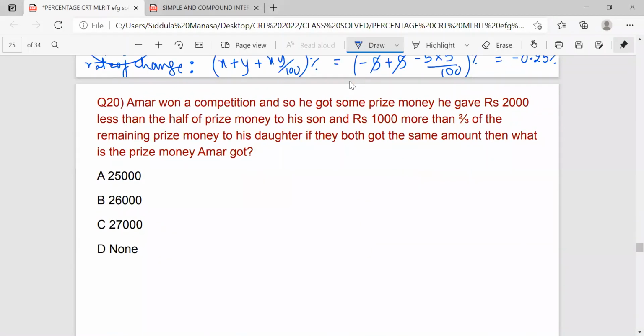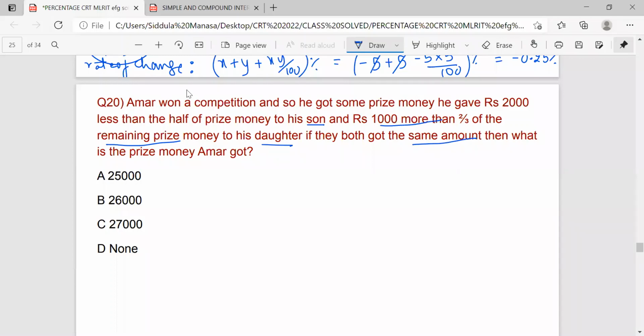Amar won a competition and so he got some prize money. He gave rupees 2000 less than half of the prize money to his son and rupees 1000 more than 2 by 3rd of the remaining prize money to his daughter. If they both got the same amount, then what is the prize money Amar got?